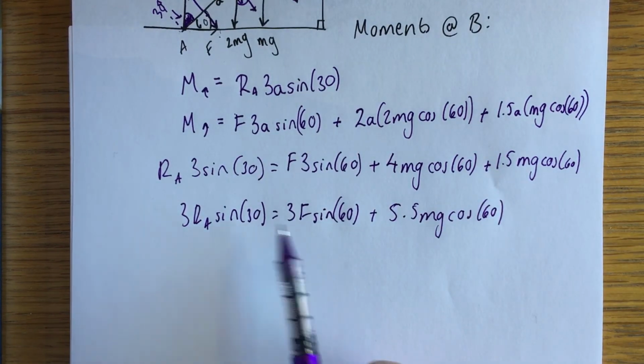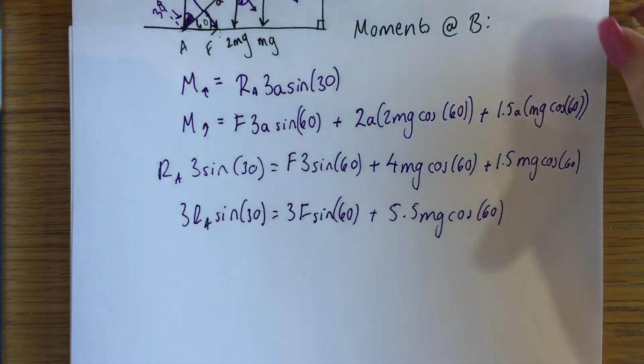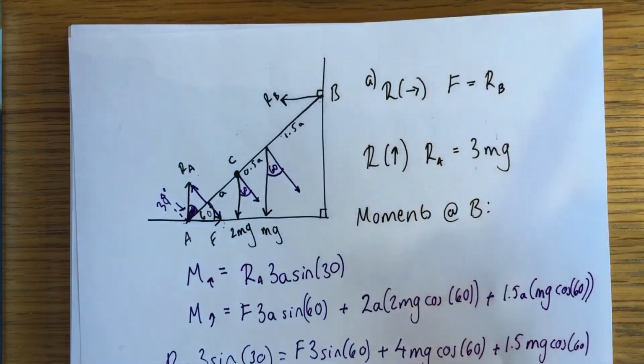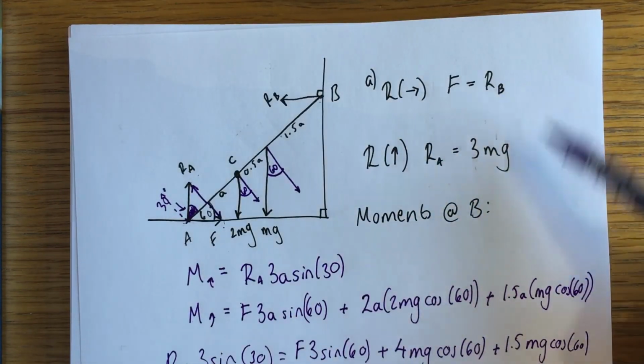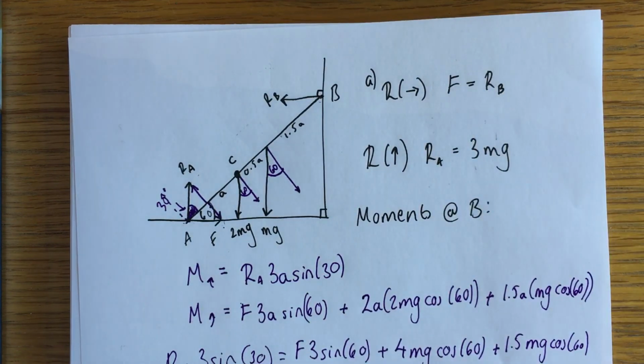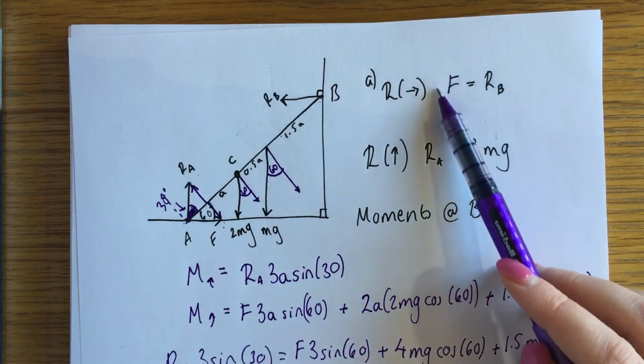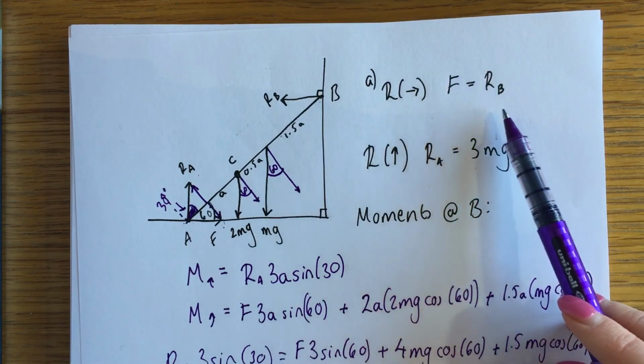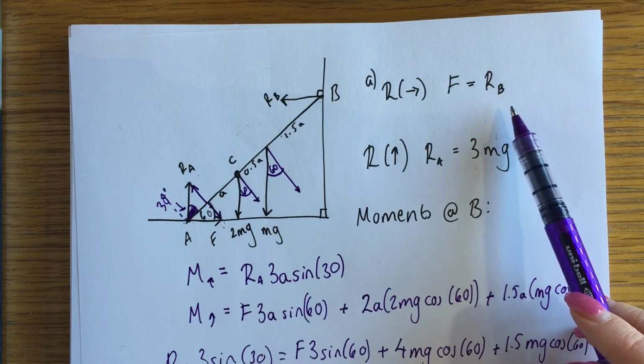Now, I've got 2 unknowns here, but as I worked out when I resolved my values, I've got a value for friction and I've got a value for the normal reaction at A. Now, I still don't know m, so I have got an unknown there. So actually, substituting in friction is the normal reaction of B isn't very helpful.